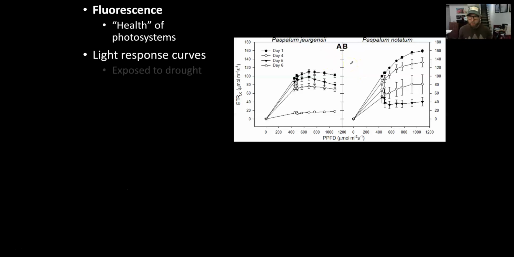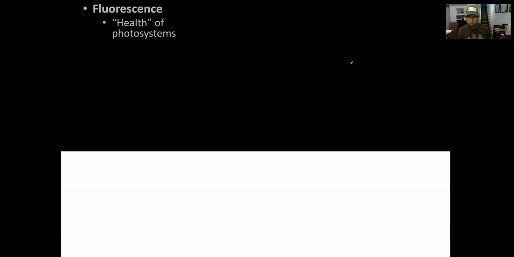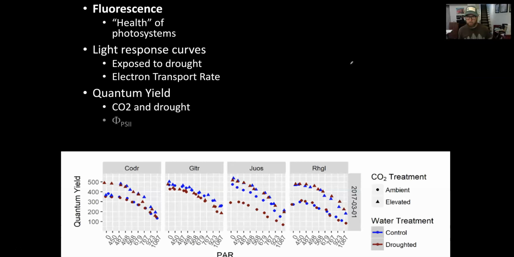And then one more way. Okay, this was a study where we grew 4 different species under 2 different CO2 concentrations, and then exposed some of them to drought and some were well watered. You can see those symbols and colors over here.